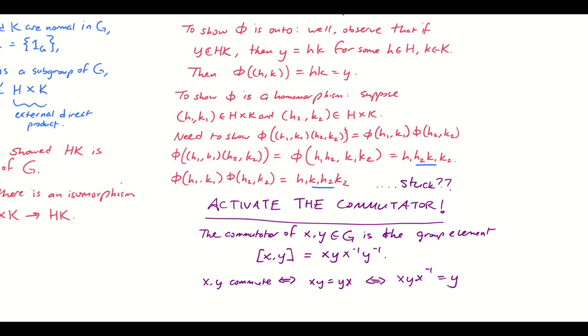And then multiplying both sides on the right by y inverse gives me x y x inverse y inverse is the identity. So x and y commute if and only if their commutator is trivial, if and only if their commutator is the identity. That's what I'm going to do with H2 and K1. I'm going to calculate their commutator, or try to say something about it, try to show that it's the identity. And I claim that if I do that, I think we're going to get unstuck here.